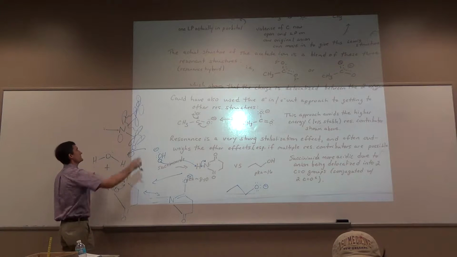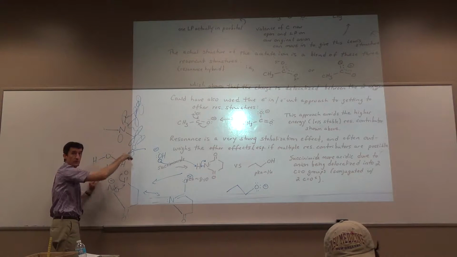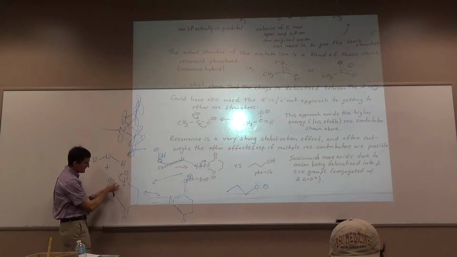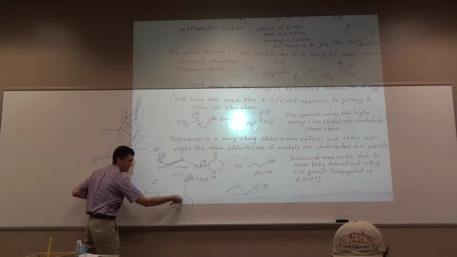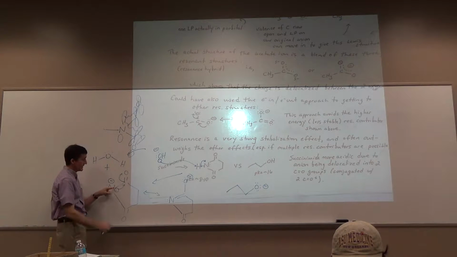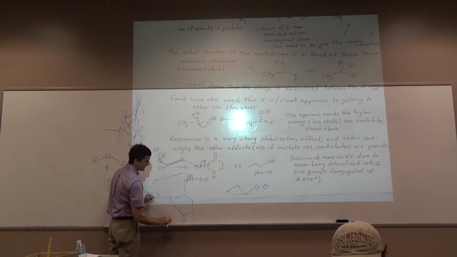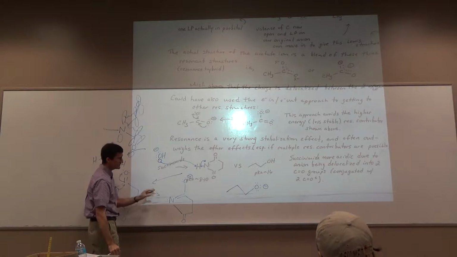Important things here. Understanding there's a lone pair in a p orbital. Understanding the overlap of the p orbitals that it does have. Understanding the arrow movement. If I take these electrons and move them in, I'm moving it in and making the other bond. If I move these up, I'm moving them up to become a third lone pair. So this arrow movement gives this, the essence of resonance structure.